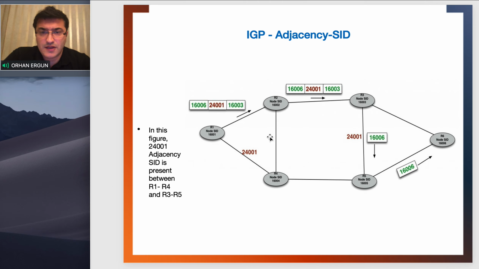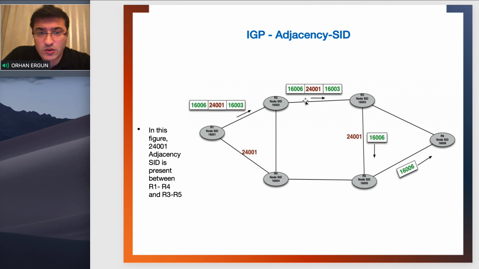Now let's see with the topology what happens. The adjacency SID we are discussing at the moment. Okay, so what I am doing here, I am pushing with 16, this is the label stack by the way, I have 3 labels. So the green ones are my node SIDs and this color is my adjacency SID, which means send over that interface, whichever interface this label is showing. 16,000 and 3, okay.